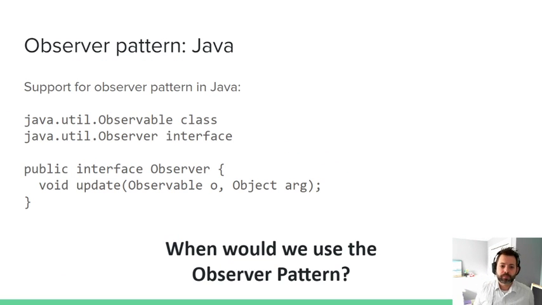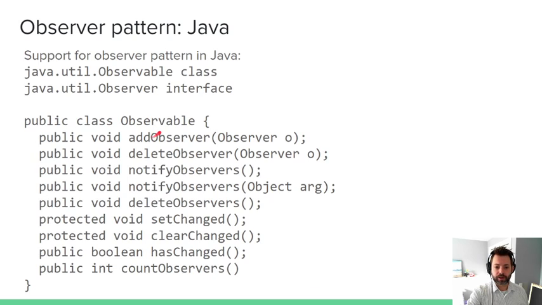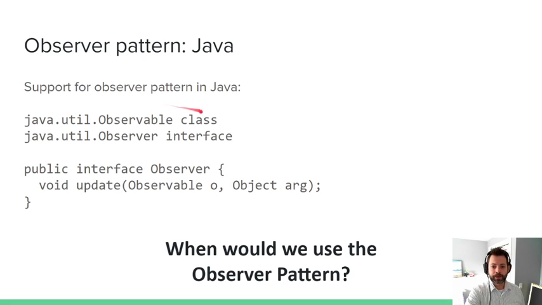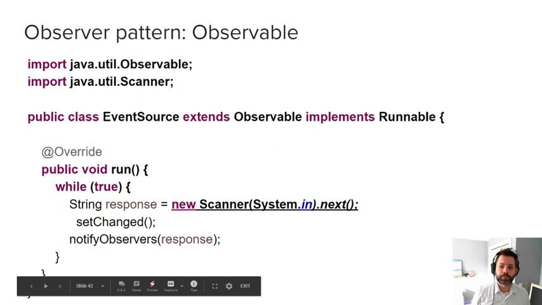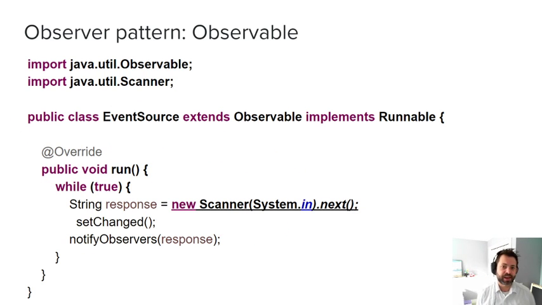So let's say that we have basically created our class, right? Here are all of your basic methods for Observable. If I want to actually implement it, I could just call update, and then anybody would be updated. I've got an example here where we are scanning for information. Here we have an event source.